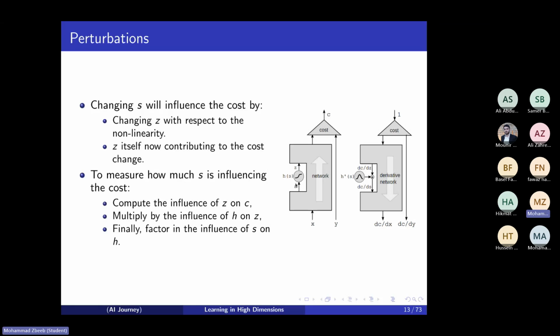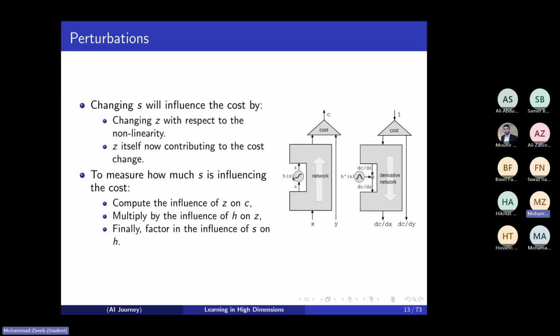In order to measure how this input is influencing the cost, I need to compute certain terms around S. I need to know how everything from Z onward influences this cost, and I'm going to assume this is a gradient that is given to me: the derivative of the cost with respect to Z. So I know how Z influences the cost, and then I need to multiply it with a gradient which is moving this S inside the nonlinearity.